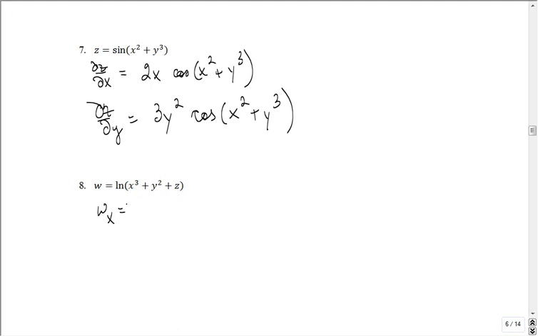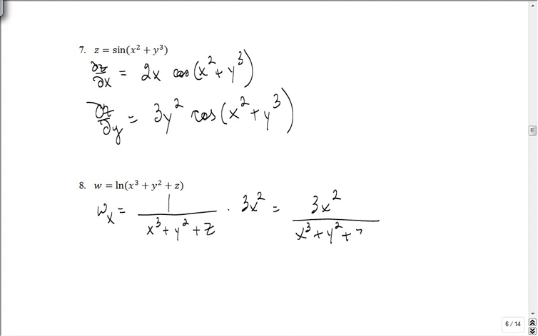When you differentiate the natural log function, you get 1 over this entire thing, but you multiply by 3x squared. Very good. So this is 3x squared over x cubed plus y squared plus z. The others are going to be similar, but just remember what you multiply by.